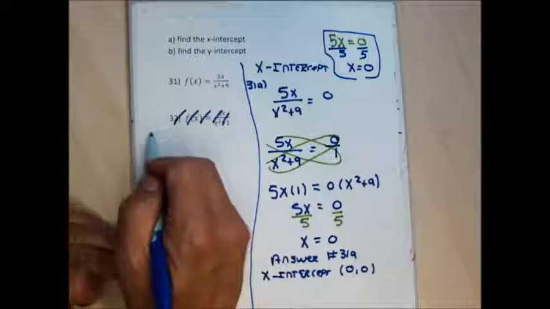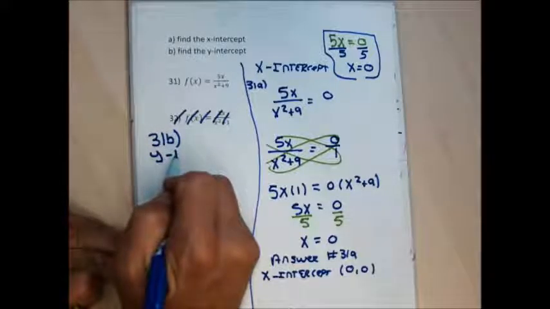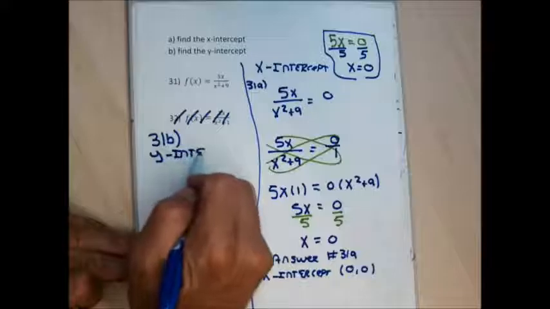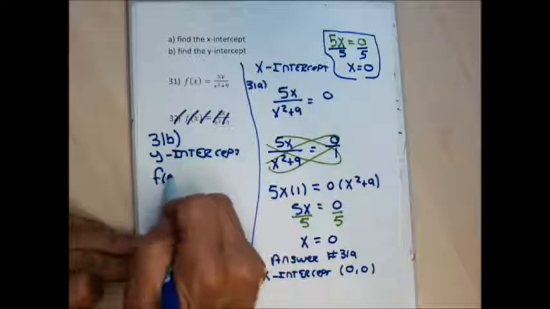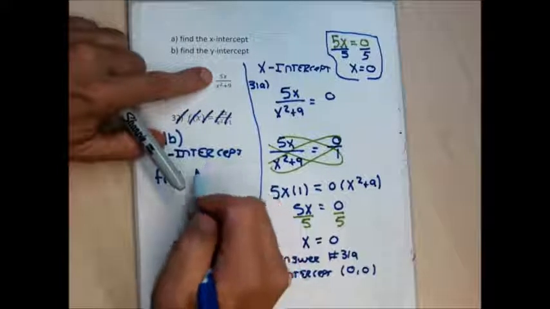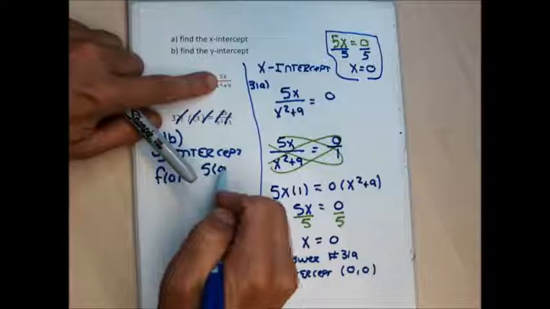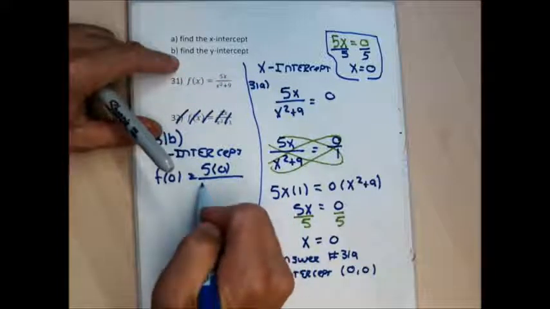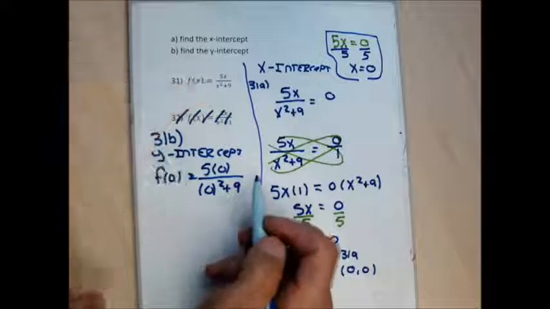For 31b, to do the y-intercept, I'm plugging in zeros for x's. So I'm going to go f of 0, changing that x to 0, equals 5 times 0 over 0 squared plus 9. That's just plugging in zeros for each of the x's.